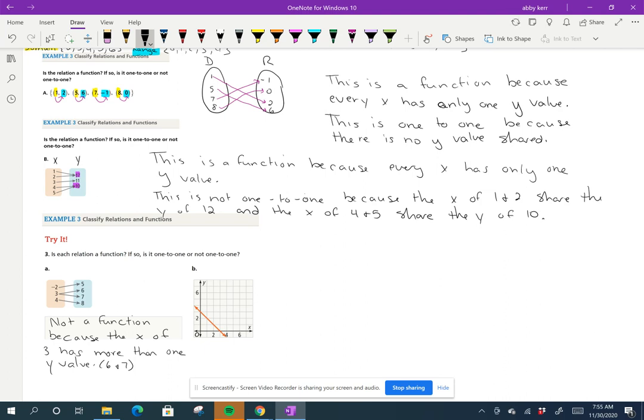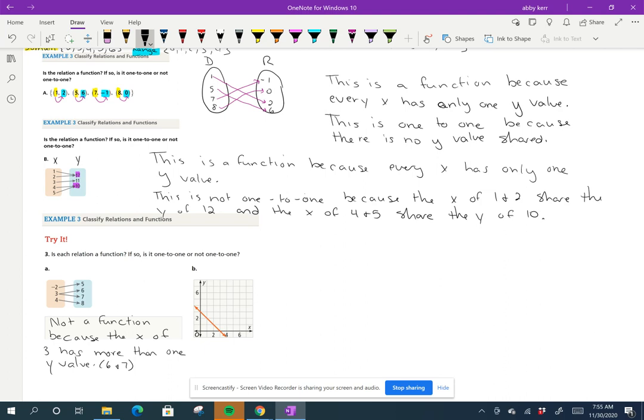So why this is not a function, if you think about it, imagine you inputting 3 into an equation and you get 6, and your classmate puts 3 into the same equation, but they get 7. Both of you did it right, but you get 2 different answers. That can't happen. That's why it's not a function. So it's not a function because the x of 3 has more than one y value.